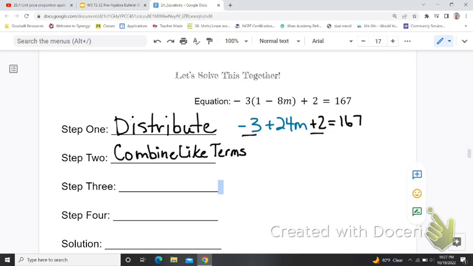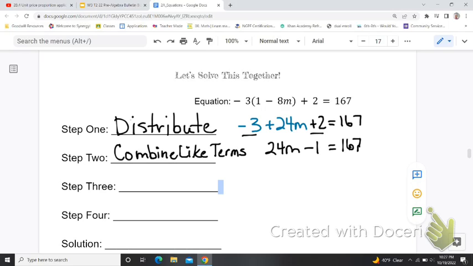These two can get together. So I still have 24m, but the -3 and the +2 make -1. That -1 could be at the front or the end, but it is the one that's negative, and the 24m is positive. Still have my equal 167.